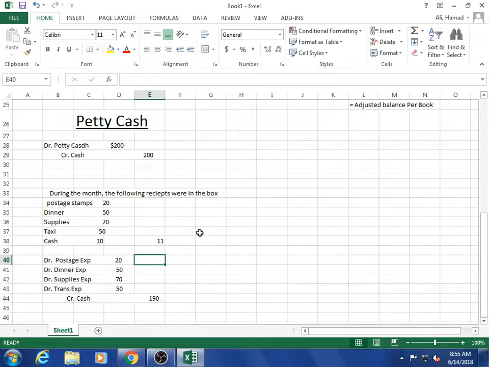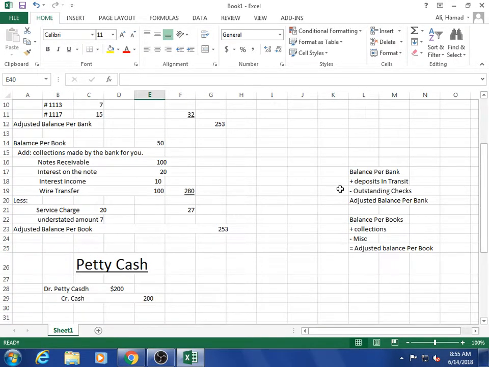These are the two imprest cash control techniques that I'm looking for in this chapter. You will notice that you will have a question on the assignment that has to do with the formula.